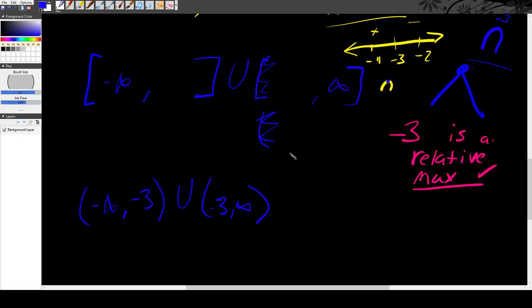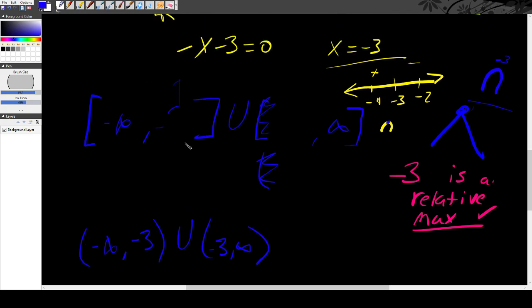AP doesn't care either way. Unless it would have been wrong if I wrote negative 3 with brackets.